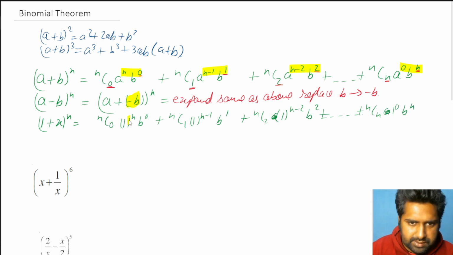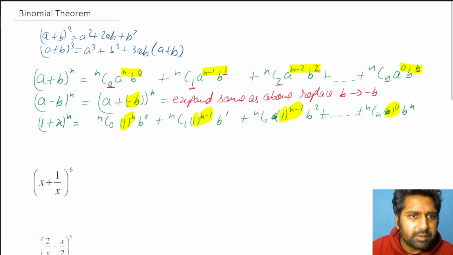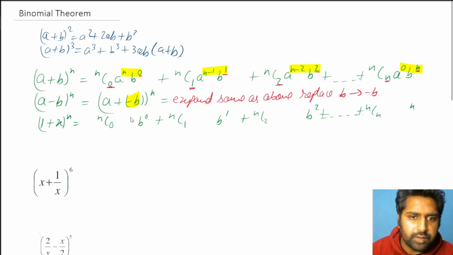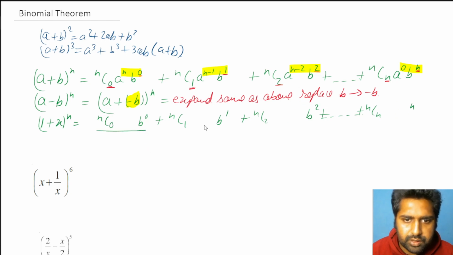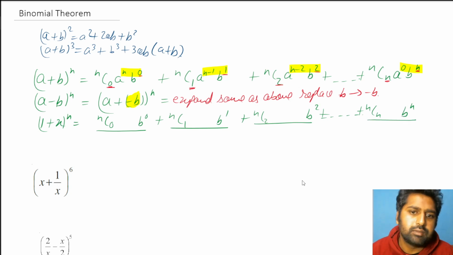Look at the terms: 1 raised to power anything is always 1. That means there was no purpose of writing this, so remove it. So what you get is nC0 b raised to power 0, nC1 b raised to power 1, nC2 b raised to power 2, nCn b raised to power n.